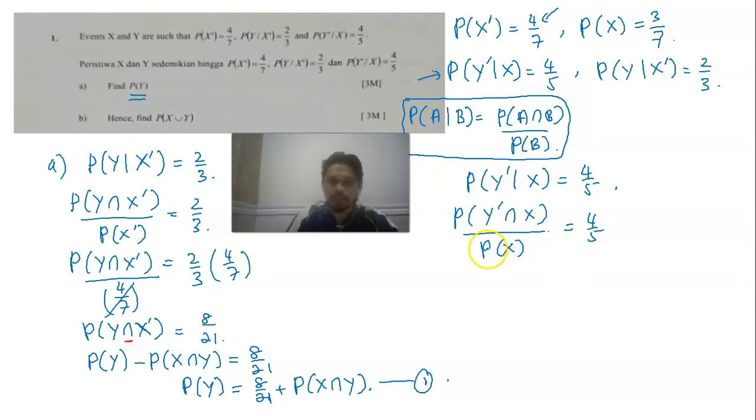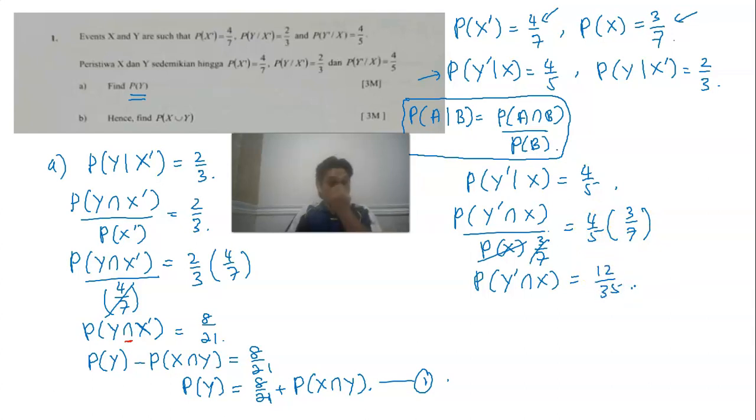Probability of X we already have here, which is 3 over 7. Bring up and multiply with 3 over 7. So probability of Y complement intersect X equals 12 over 35.